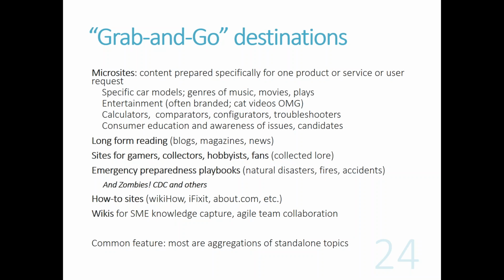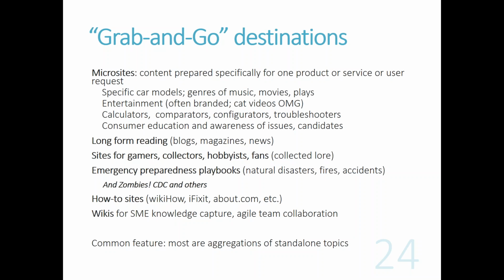Other examples of grab-and-go destinations would be websites that serve strictly as calculators for finding the cost of something, or comparators for comparing different models of laptop that you may be shopping for, configurators that help you set up a website or a product, and troubleshooters that help you walk through figuring out what's wrong with a particular product that you're using.